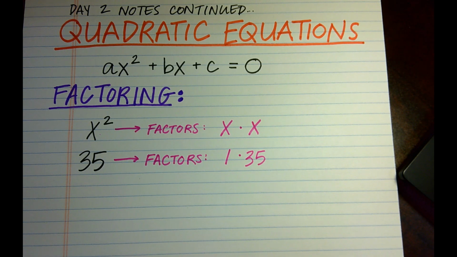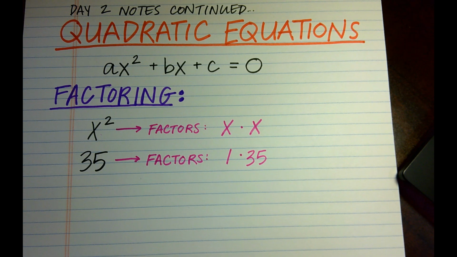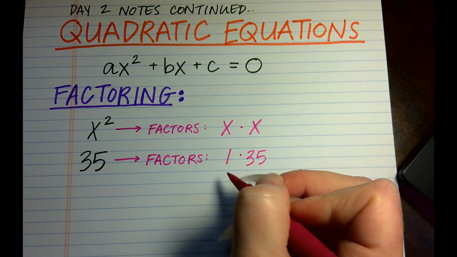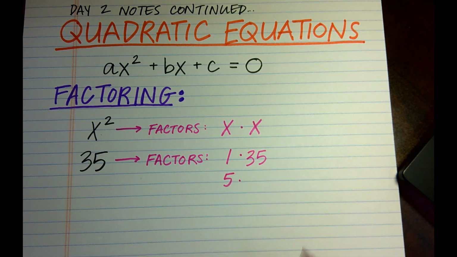We can't do 2. Can we do 3? No, we can't do 3. Can we do 4? Mm-mm. Can we do 5? Yeah. Yes. So what do I do 5 times to get 35? 7. And the trick to figuring that out is I can do 35 divided by 5.